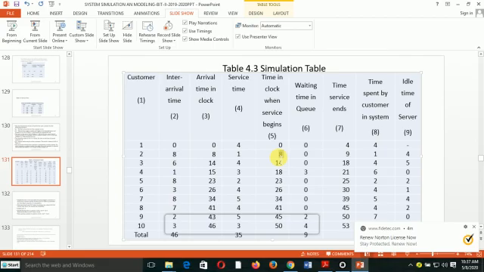It will be the same. Here the service time of the second customer is 1 minute. I will add it with 8, it will be 9, and you compare it to the time when the customer arrived. I see that 14 is bigger, is the maximum, so I take the 14. It is like that.